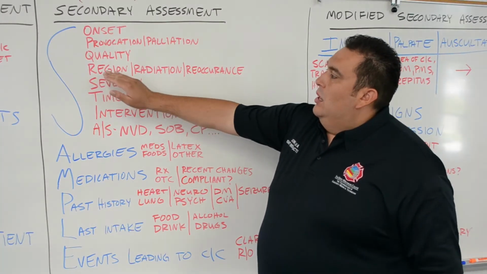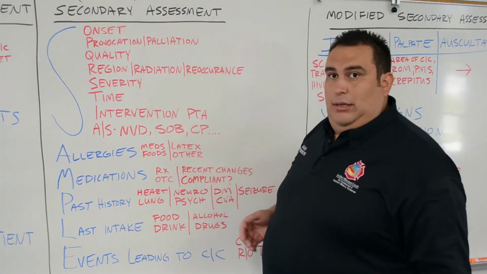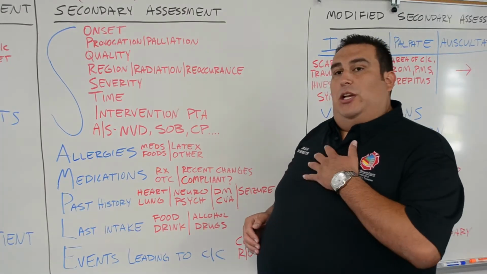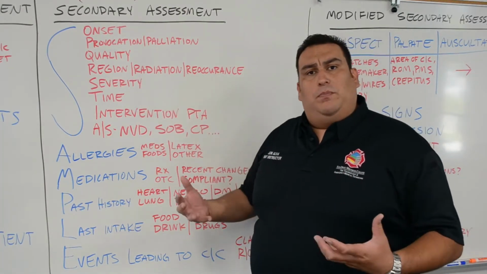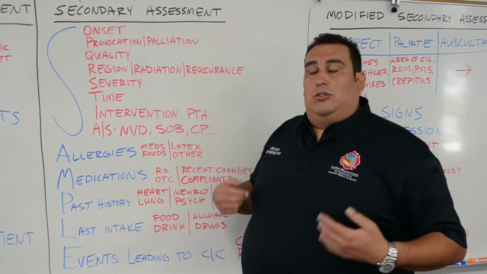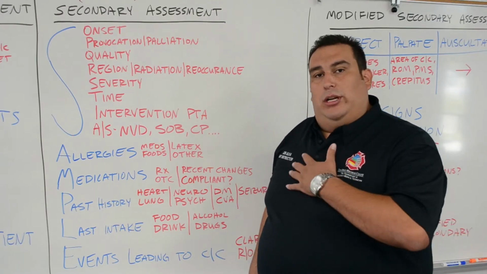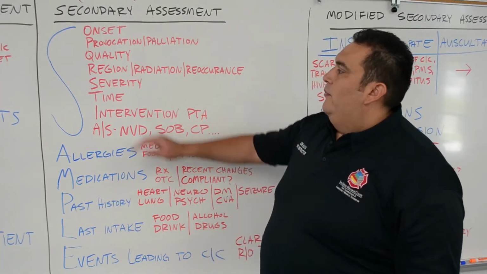Now for R, what region? What region of their body is in question? So if somebody's having chest pain, you're going to ask them, what part of your chest is hurting? Try not to ask them to point exactly where. Just ask them, what part of your chest is hurting? And if they point to a general area at the center of their chest, okay.